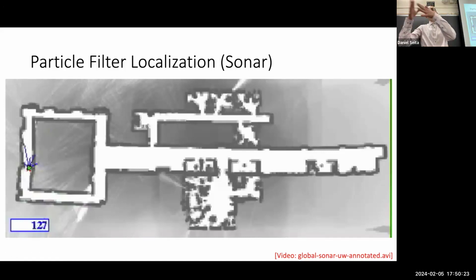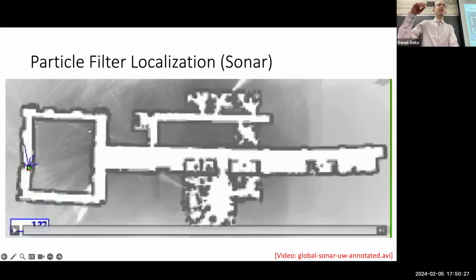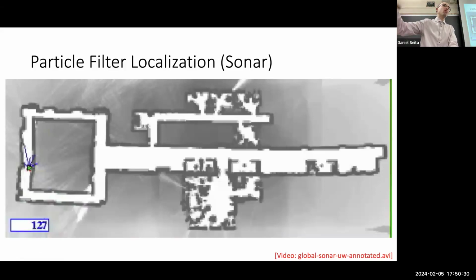When it moved from here to there, we already have a good idea of where it might be. And then if we keep moving and it's consistent with what we know, then there's no real reason for the number of particles to go up a lot.